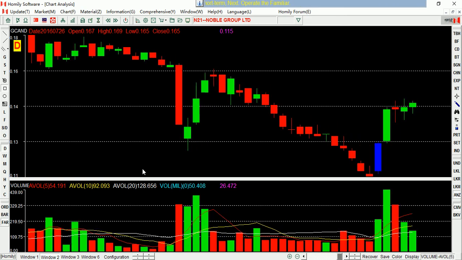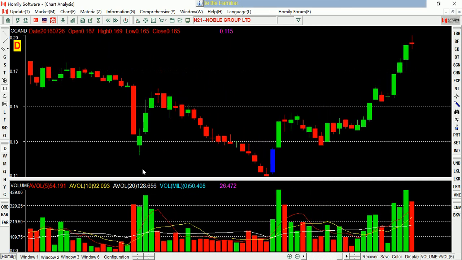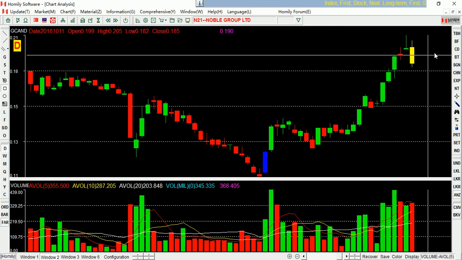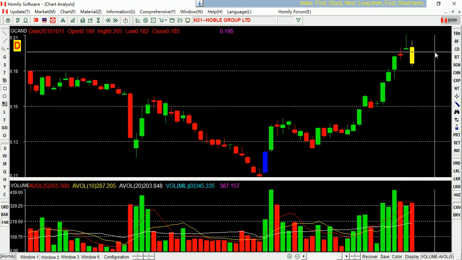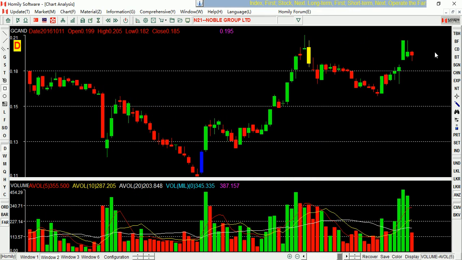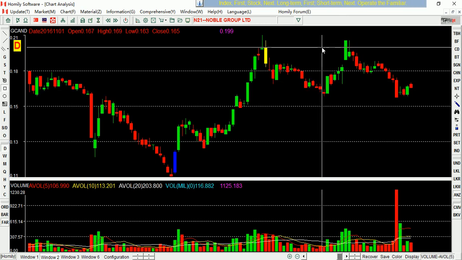Okay, so you can see the price rebound again. Okay, so next one, the yellow candlestick appears, and the volume is also high. This is the bearish candlestick. What should we do? Firstly, we should sell first. Then you can avoid some risk. Then the price rebounds and touches here again. You should sell again.